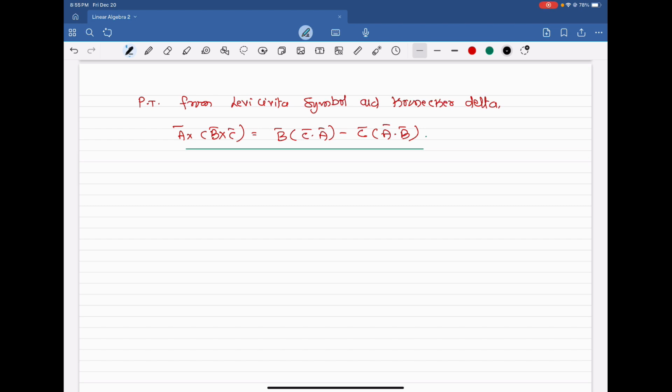Before proving this particular question, we have to define another thing.